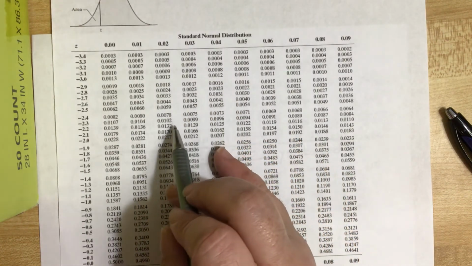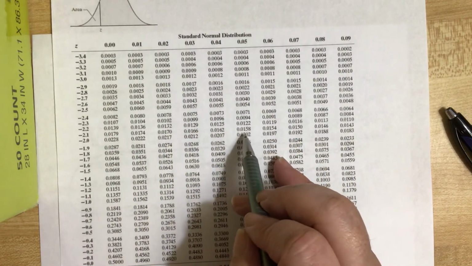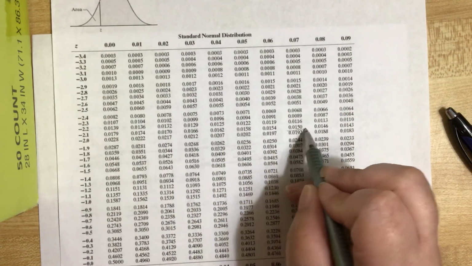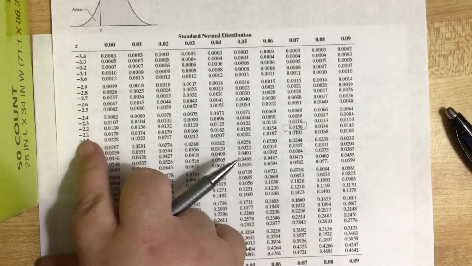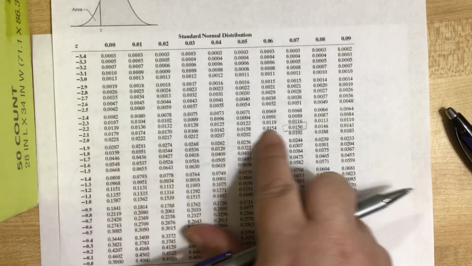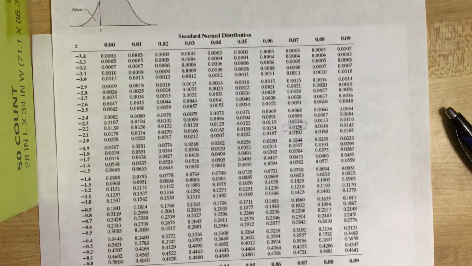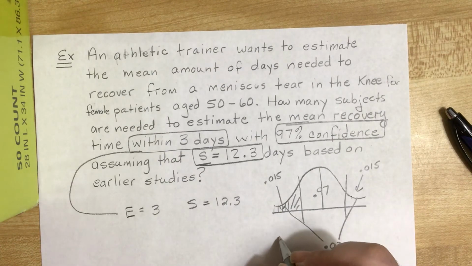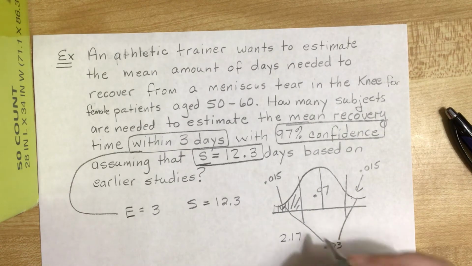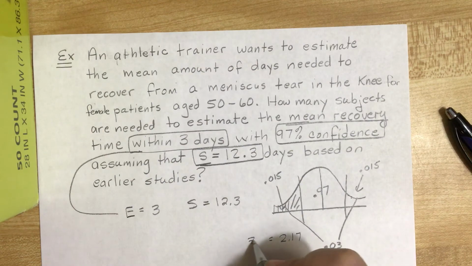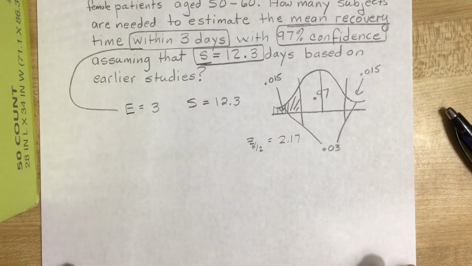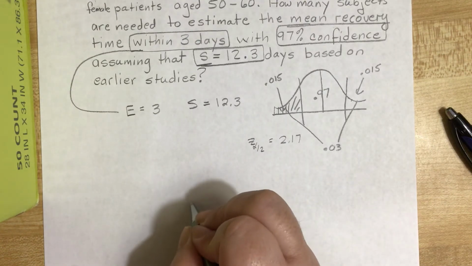And let's see, 0.015 is somewhere. Well, look there. It is exactly there. And that is the value negative 2.17. So we're going to use 2.17 for our z alpha over 2 value. So now I can just plug it in the formula.